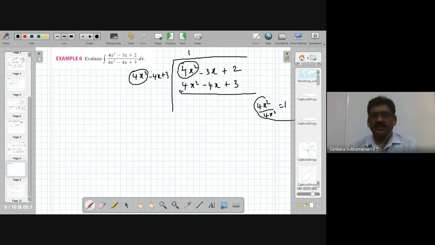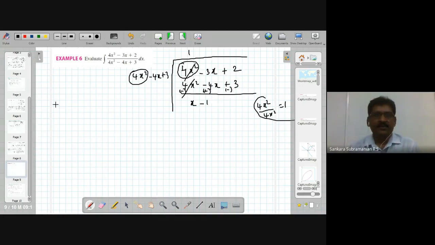So changing the sign, minus, plus, minus, this gets cancelled. So you get 4x minus 3x, you get x, and minus 3 plus 2 is minus 1.